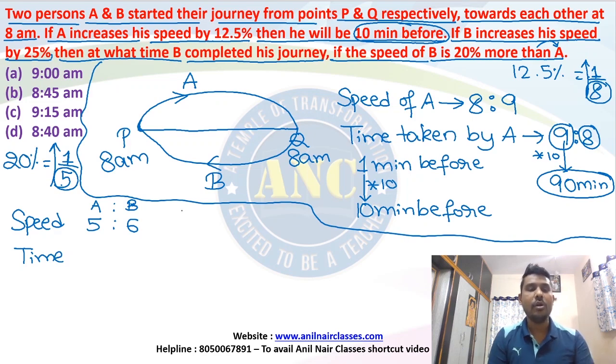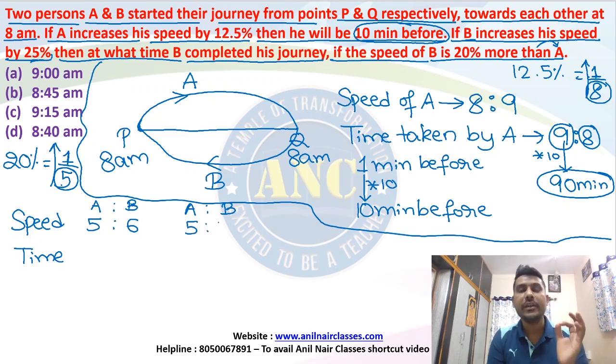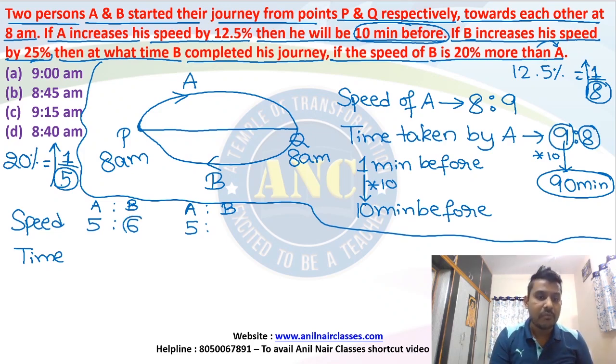But it is also given in the question that the speed of B is increased by 25%. That means let us write it once again here. A speed will be 5 kilometers per hour only according to ratio, but B speed will be increased by 25%. Earlier the speed of B was 6 kilometers per hour, increased by 25%. 25% is 1 by 4.